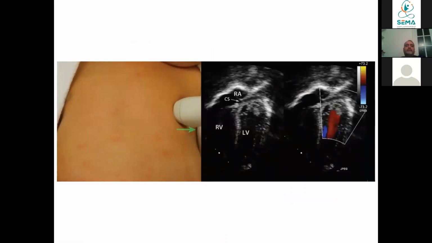This is again how to get the four chamber view or fifth chamber view. And in this view, sometimes you see a coronary sinus in this area, which is normal. Just make sure you know the anatomy and how to get this view, because this is normal.